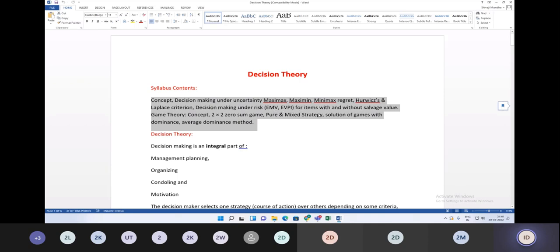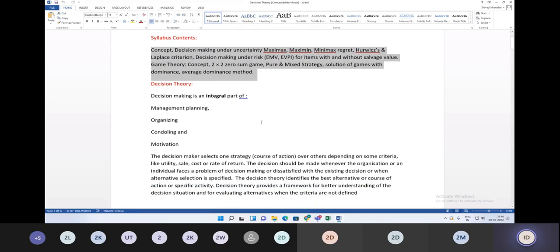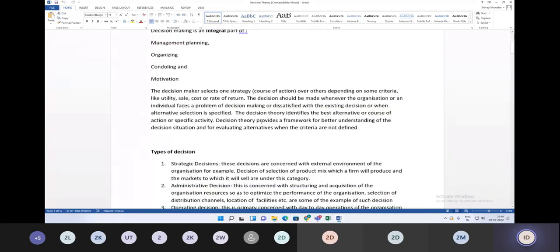The last time we already discussed. Whenever we discuss decision theories, we have historical data that is called a payoff matrix.